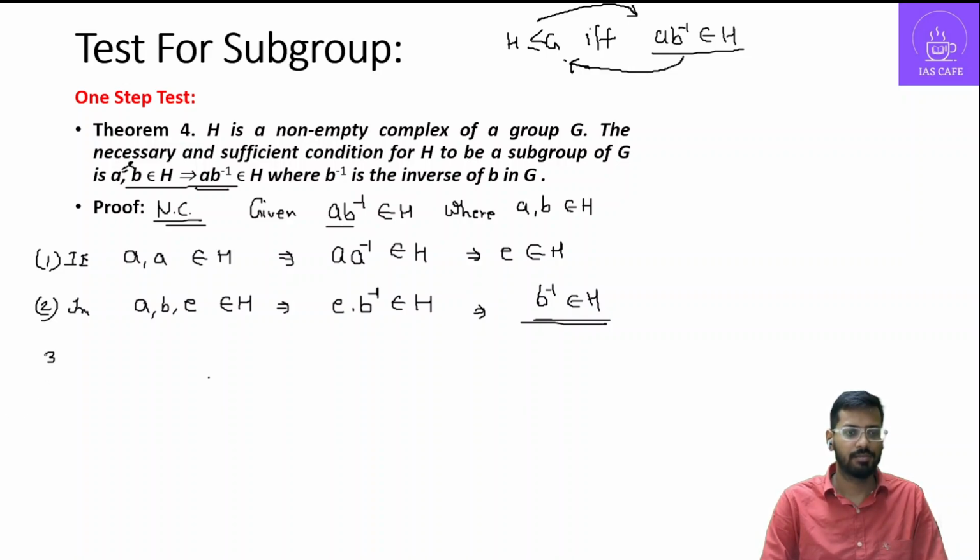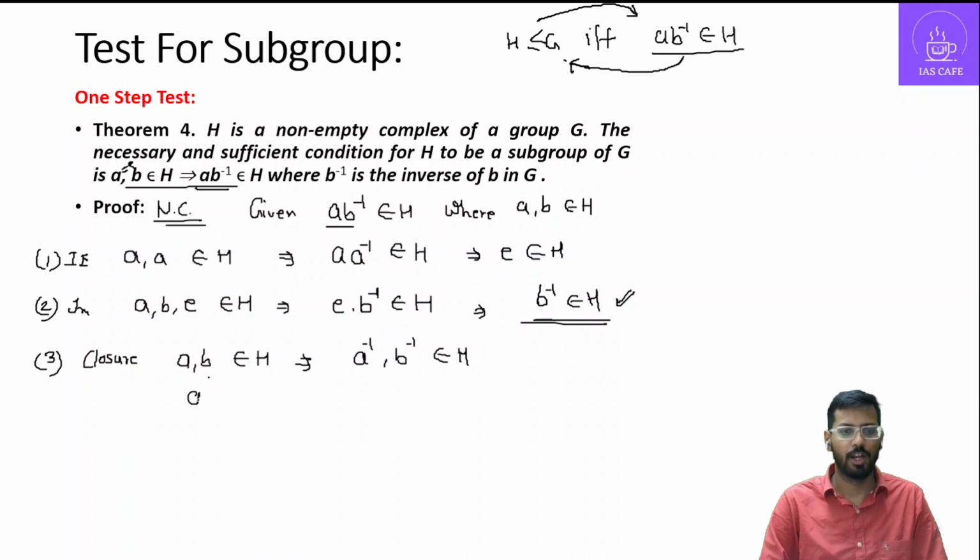Now next, third is closure. If we take A and B belonging to H, that implies A inverse and B inverse should also belong to H, by this second property that we have already proved.